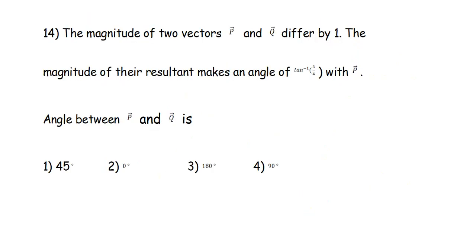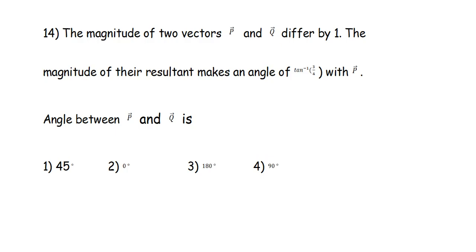Next one is the magnitude of two vectors P bar and Q bar differ by 1. The magnitude difference is 1. Condition is given as P minus Q is 1.